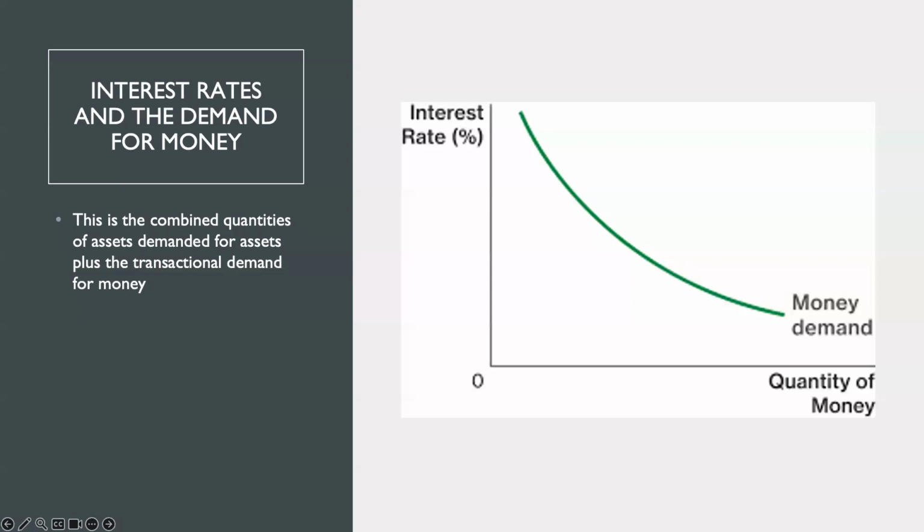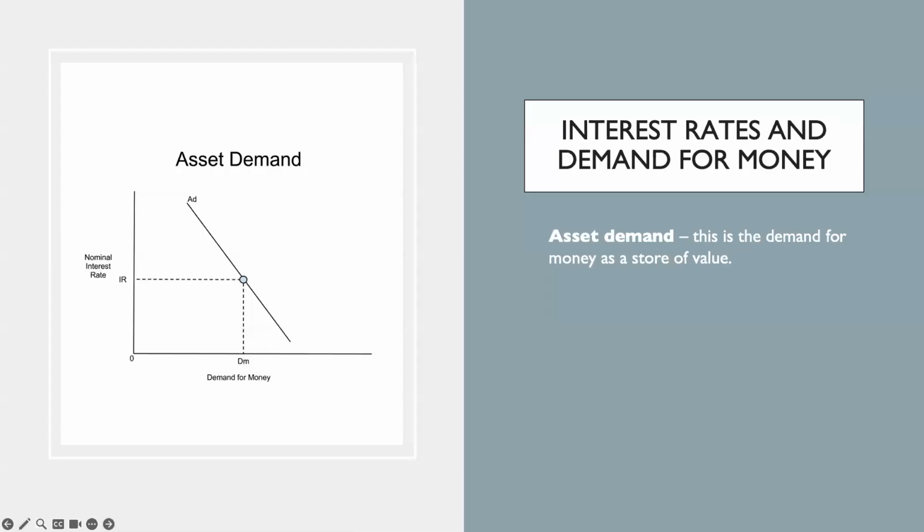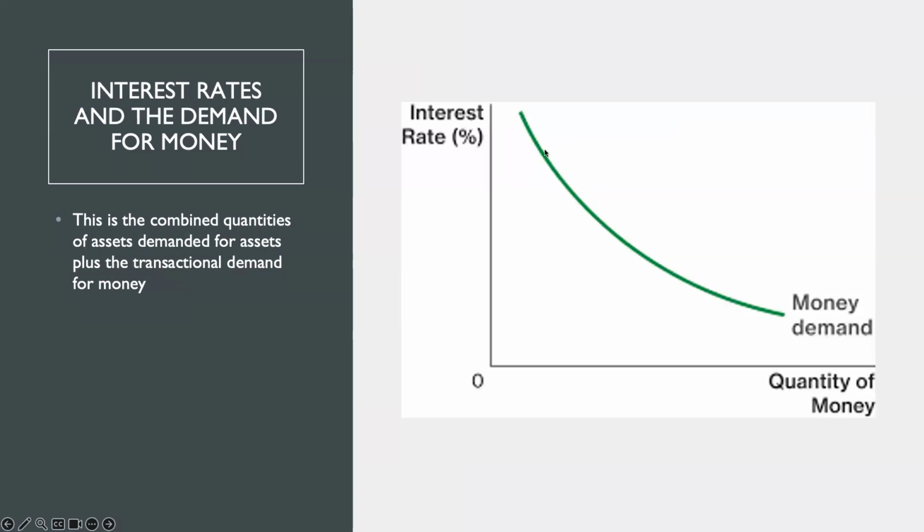As you can see here, it's slightly different from asset demand for money because that graph has a steep slope, whereas this combined graph is curved.